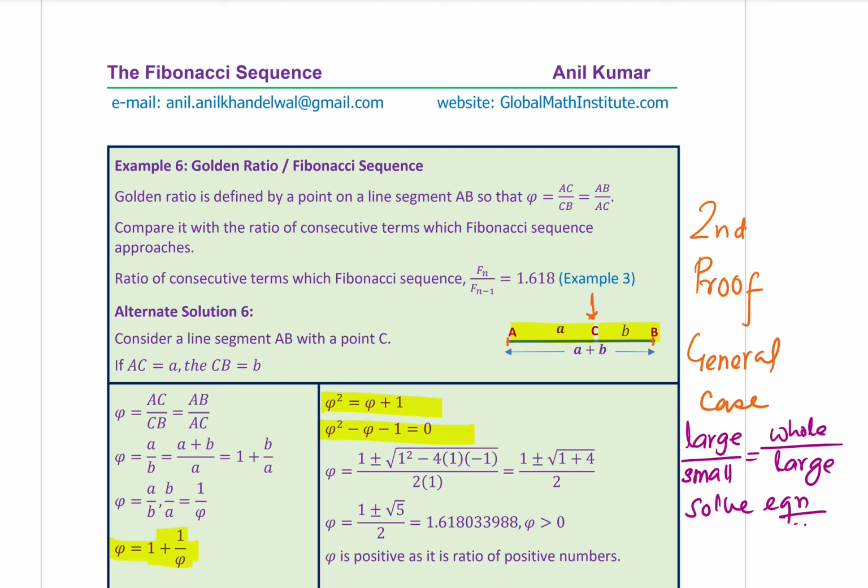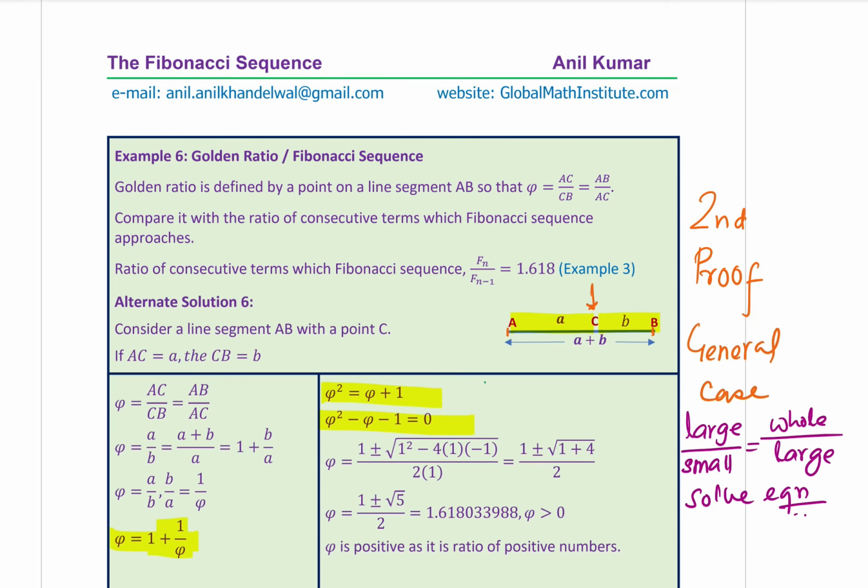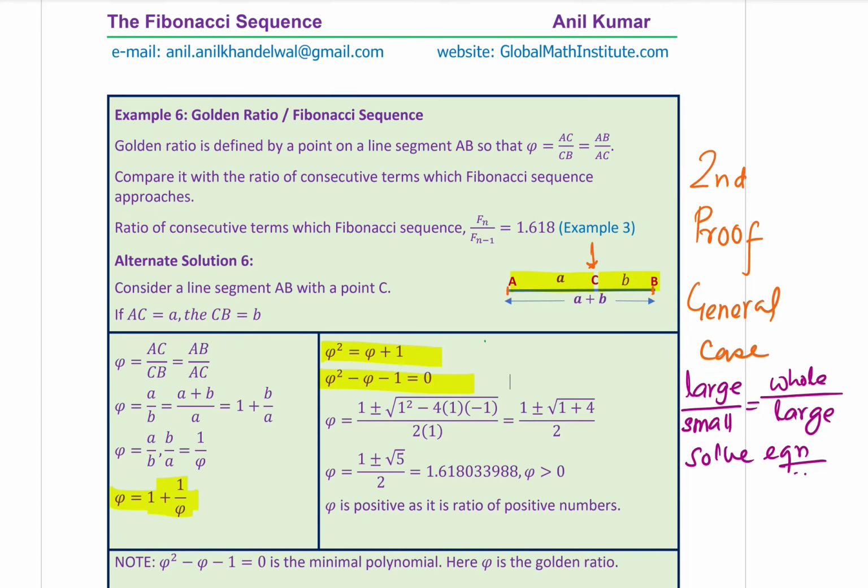This equation is the simplest, or the minimal. We can write minimal polynomial, right? So it's already mentioned here in my slides, so let me just highlight that. Okay, so this particular equation is the minimal polynomial. Here, phi is the golden ratio.